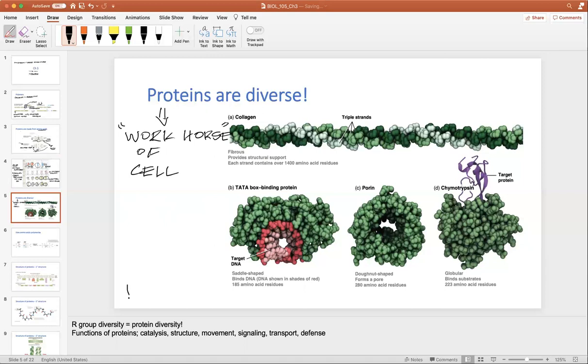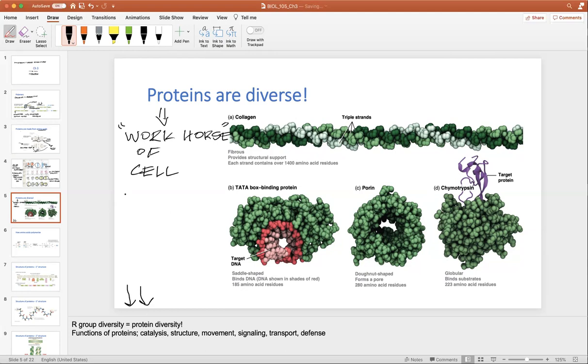I'm going to direct you down here to your notes tab. And under functions of proteins, we have things like catalysis. Okay, what is that? If you catalyze a chemical reaction, you are speeding it up. You are helping that chemical reaction to occur. So that means that proteins are going to have a function in running chemical reactions in the cell, okay?